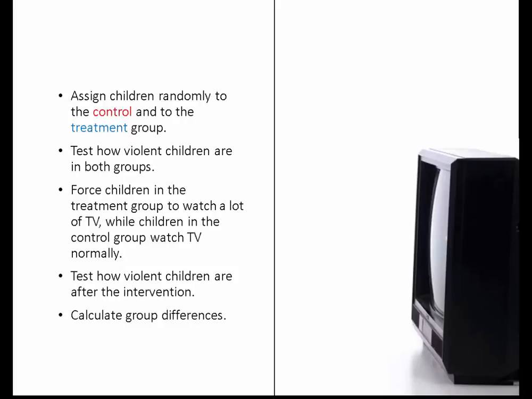You manipulate something. You have a treatment that you administer to one group but not to the other. And then you look at the differences. In this case, you would test how violent children are after the intervention, and then you could calculate the group differences.